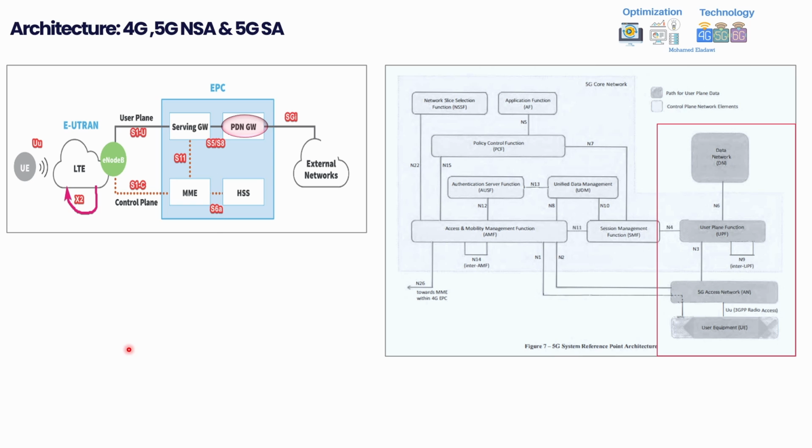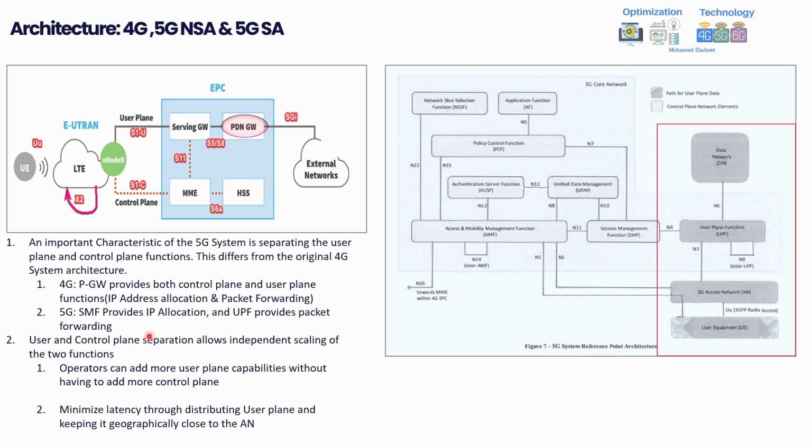The first, as you can see, is that operators can now add more user plane capabilities without having to add additional control plane. Since we have a separation, the operator can add more user plane capabilities to the network, and the user plane can be distributed while we keep the control plane centralized.